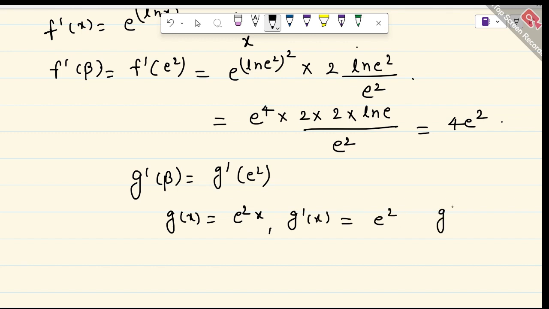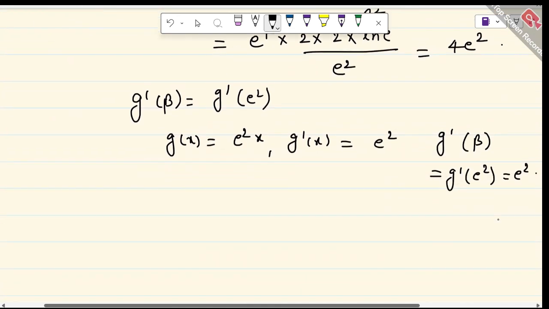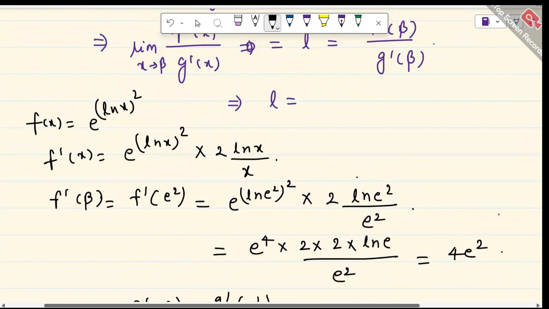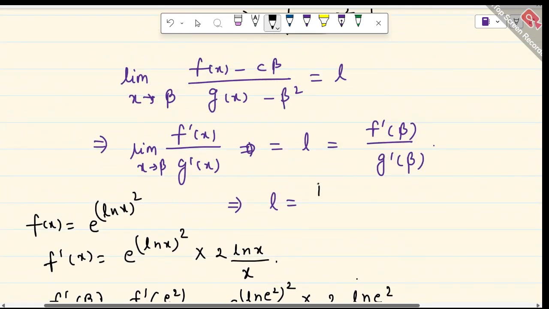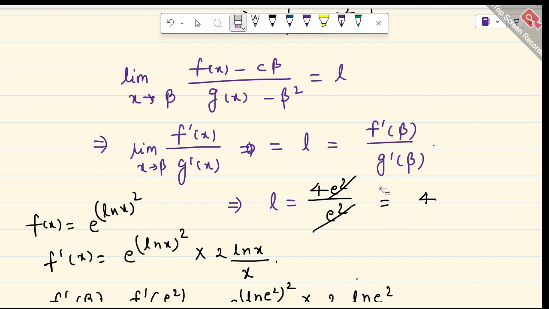So g dash beta, that is g dash of e square, is equal to e square. Now we have calculated f dash beta and g dash beta, and we have seen that f dash beta is equal to 4 times e square, and this is e square. So e square gets cancelled, and we have L is equal to 4. Thus we have calculated here L is equal to 4.